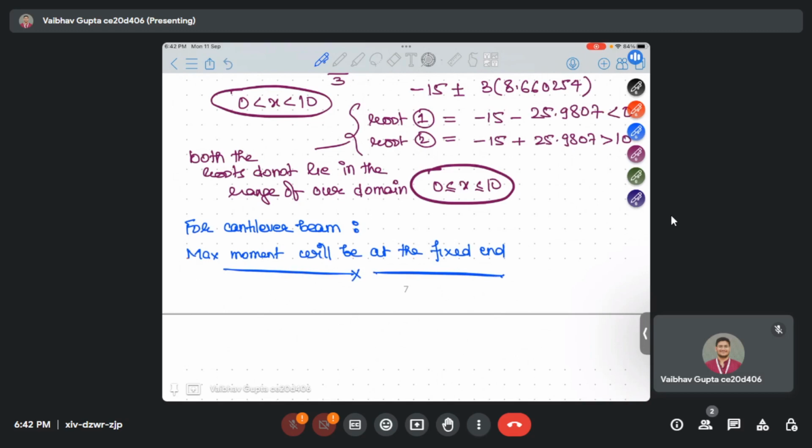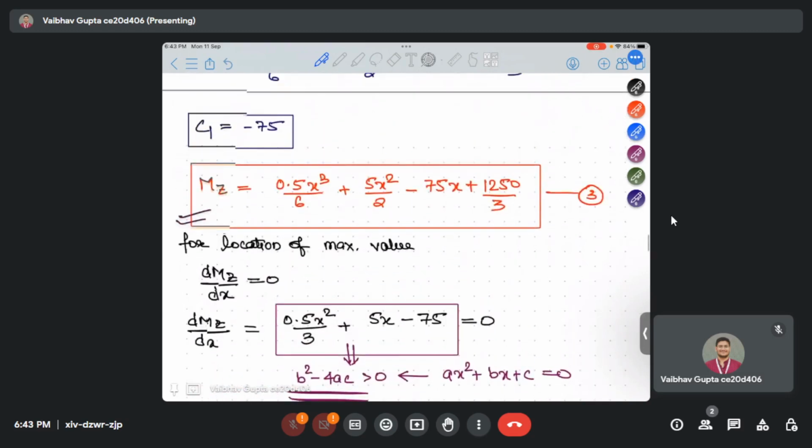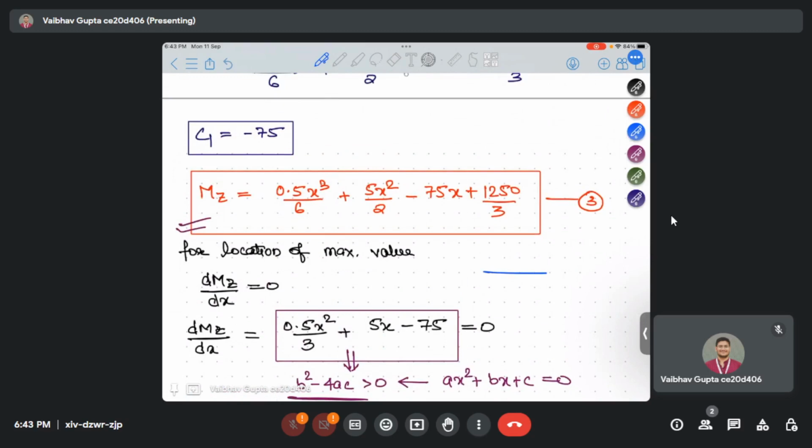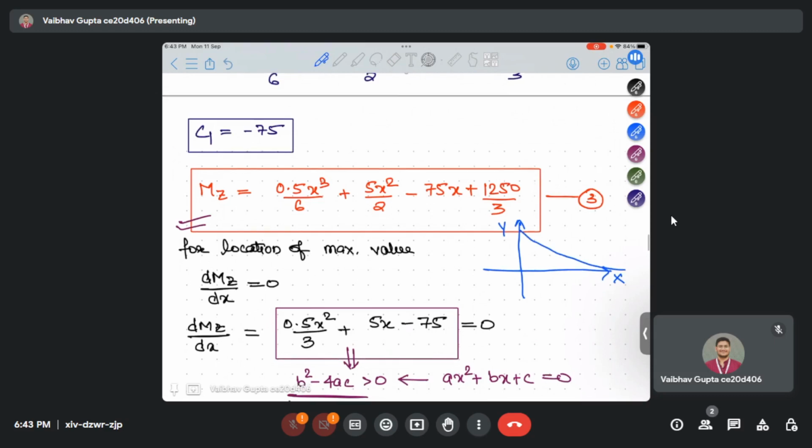If you draw the curve for this equation 3, plotting in x and y direction, the curve will be a monotonically decreasing function. I'll draw with a different pen. The function will be like this. So this value is the maximum value, which is at the fixed end, x equal to 0.